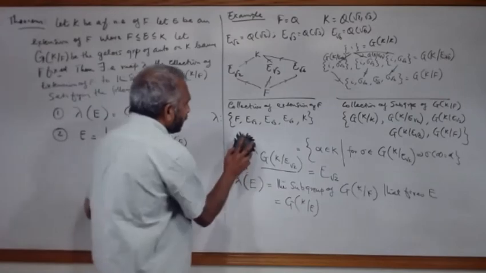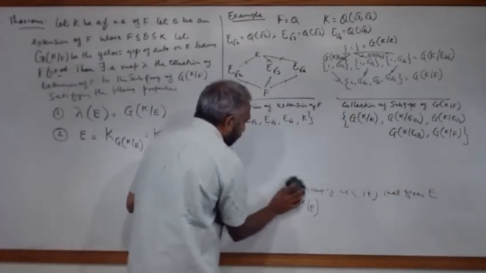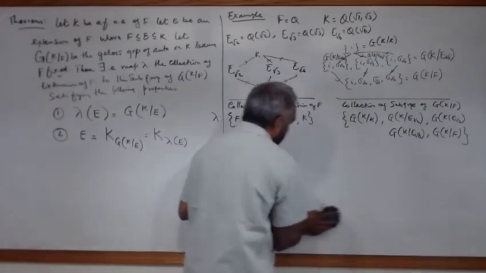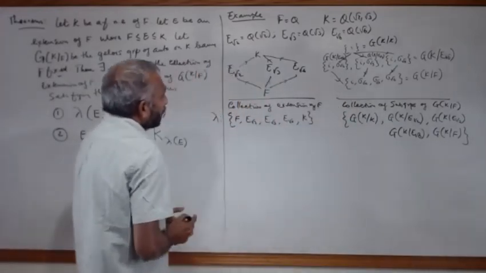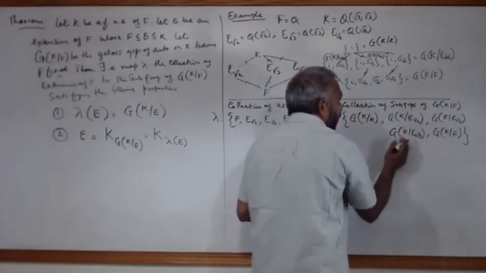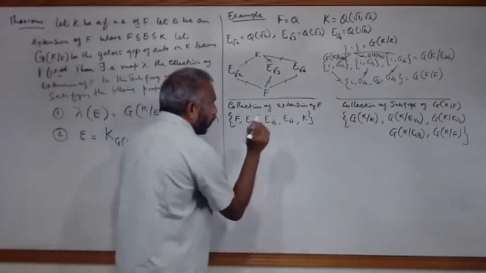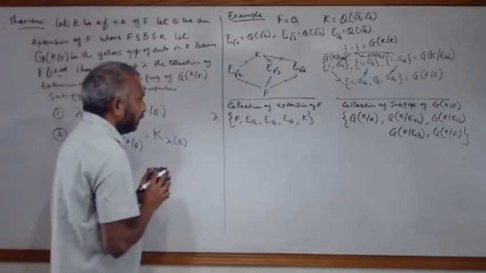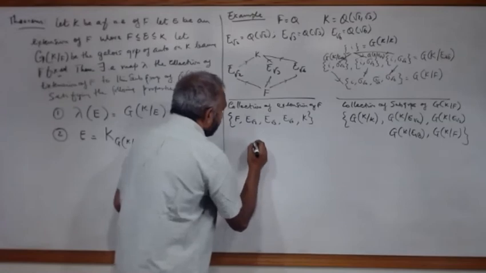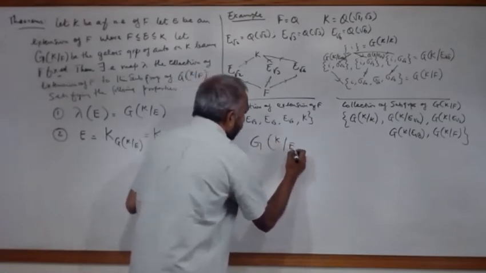So I'm going to take this out. So what are the subgroups of G of K over F? Any of this. So let us take one of them, G of K over E root 2.